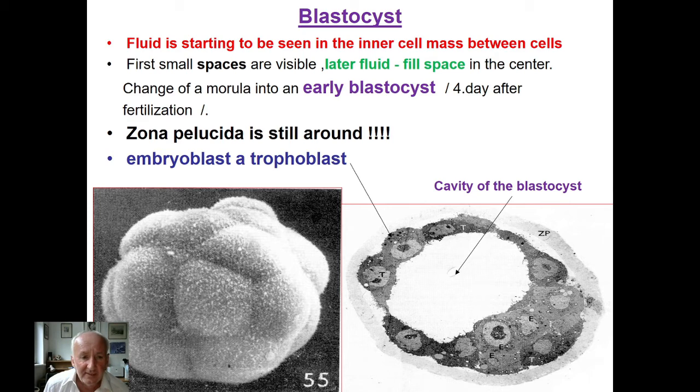I was explaining this. You see two nice pictures. Once more, zona pellucida is around the blastocyst, the cavity of the blastocyst, trophoblast, embryoblast. And on this nice picture we have an early blastocyst, because zona pellucida is still around.